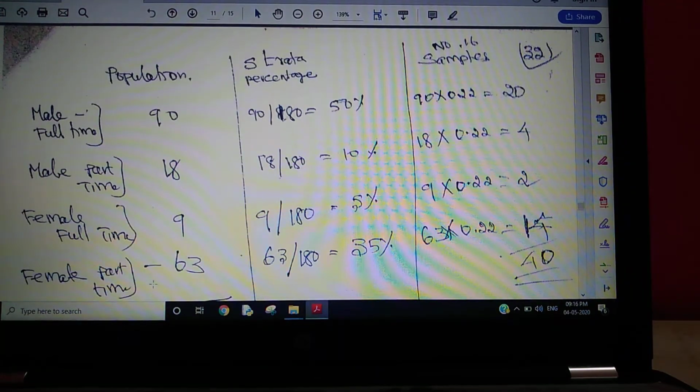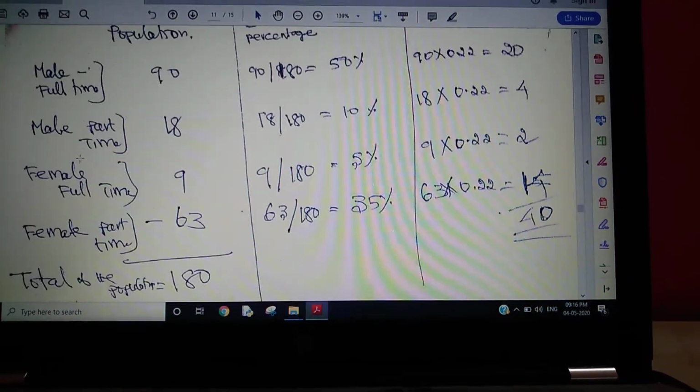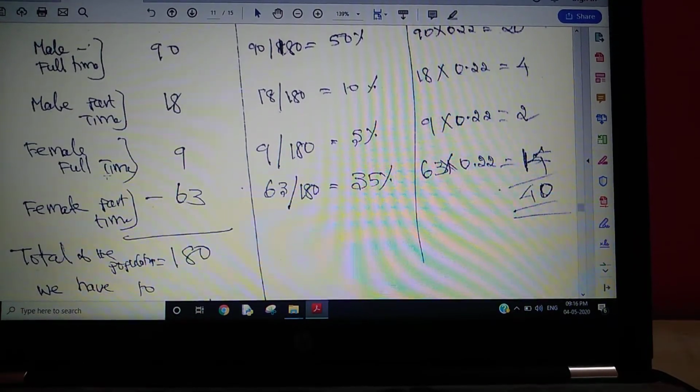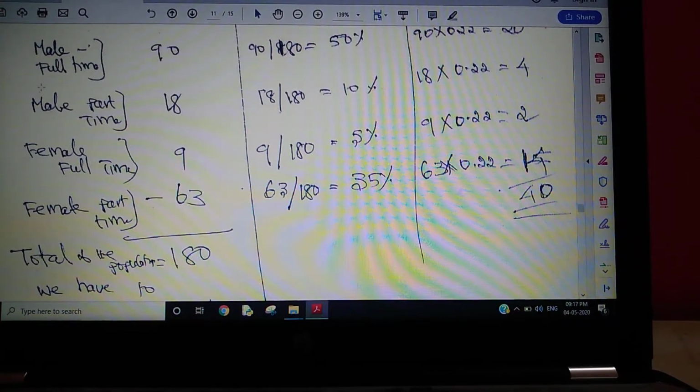The entire population has characteristics of male and female, and full time and part time. That is, the working people. Among the working people, male and female are there, and full-time and part-time employees are there. Out of 180 employees, male with full time are 90, and male with part time are 18.